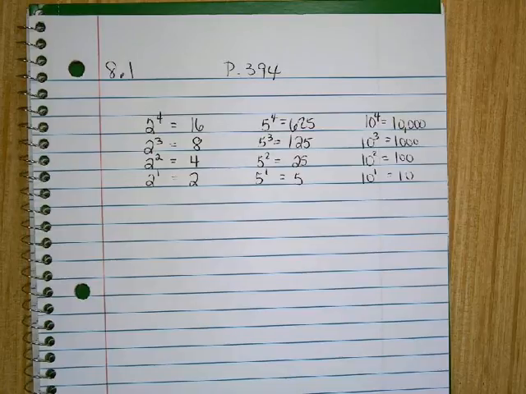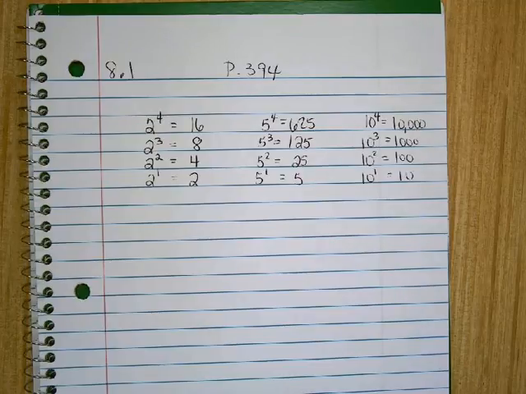So as your powers decrease by 1, your value is divided by 2. What about the list of 625, 125, 25, and 5? They're divided by 5. And what about the list of 10,000, 1,000, 100, 10? They're divided by 10.